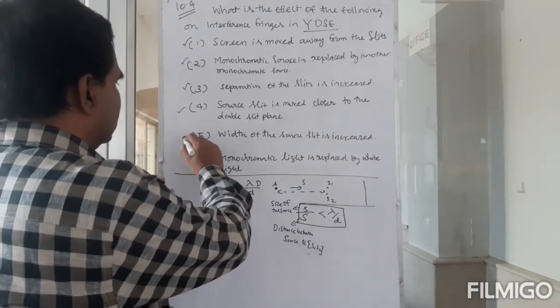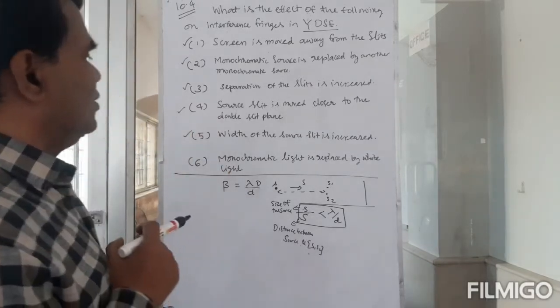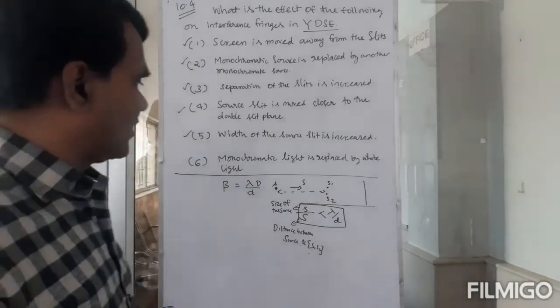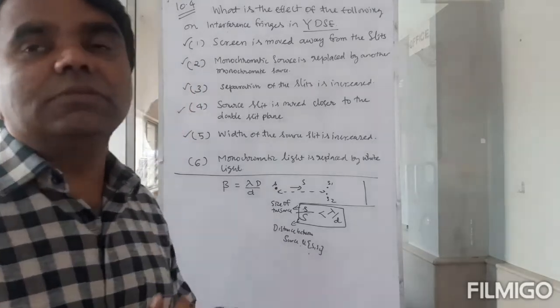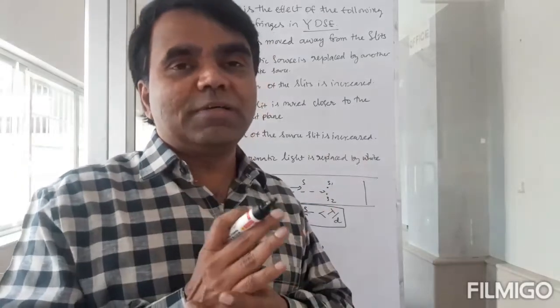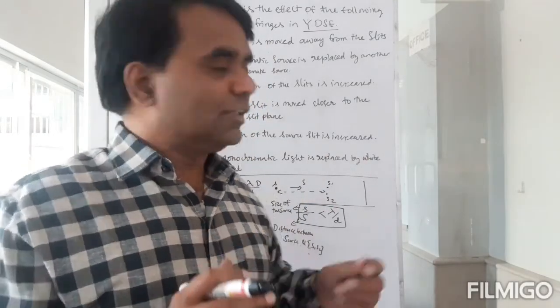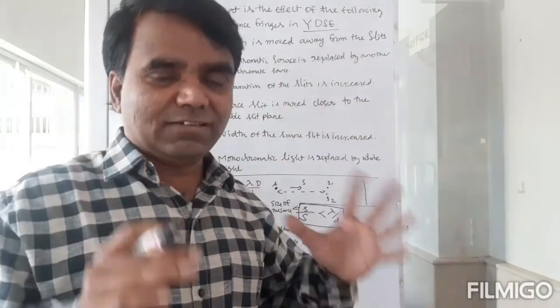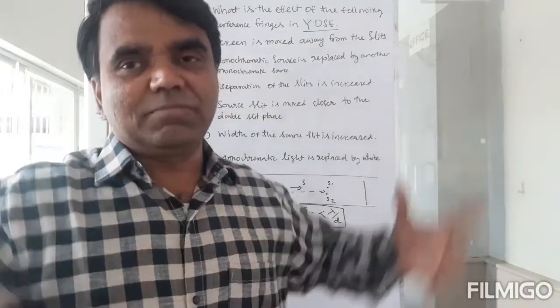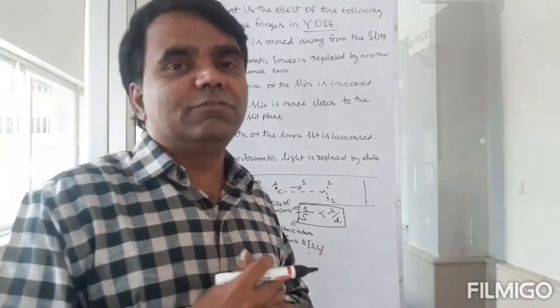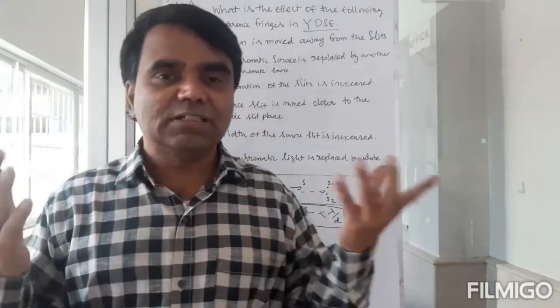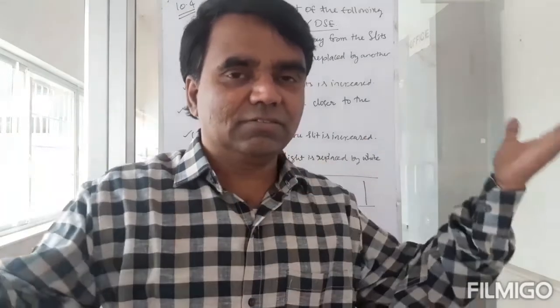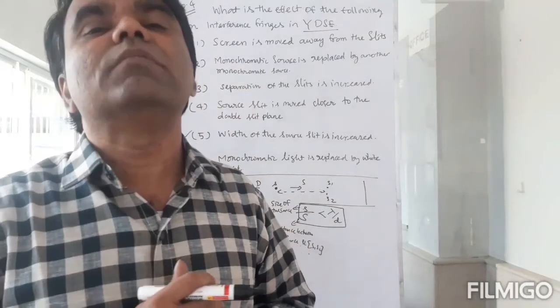And sixth, monochromatic light is replaced by white light. Well, if you use monochromatic light, then you have only one lambda. But when you use white light, it has other lambdas. In the visible range, you have the 7 colors, and they all have many different lambdas actually.